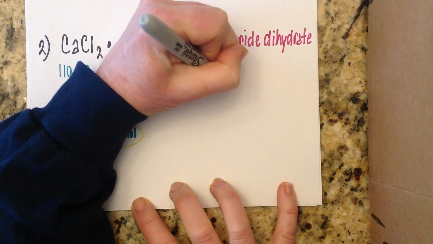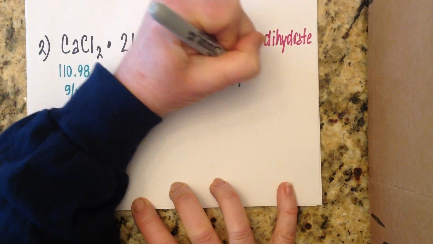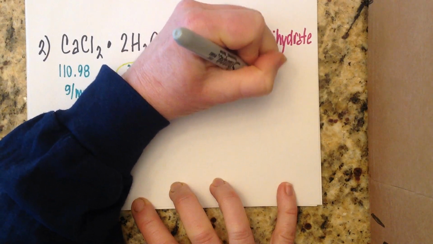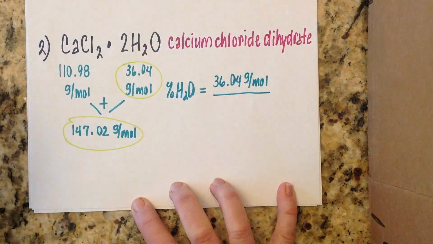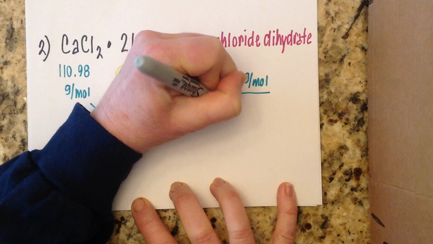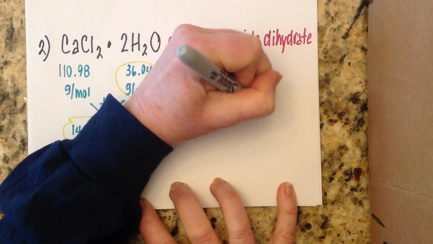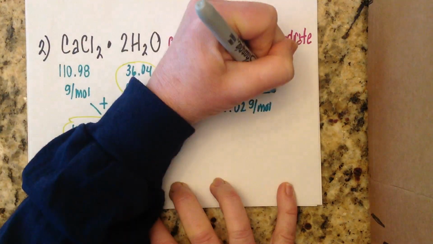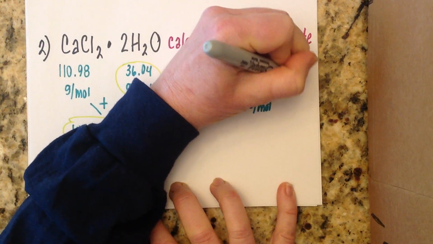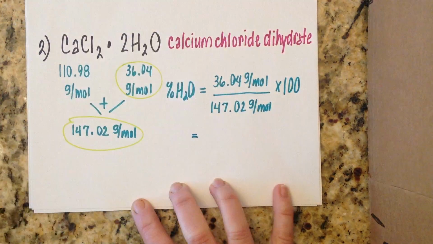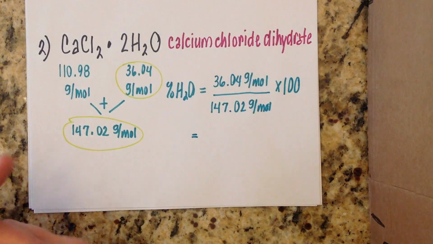So 36.04 grams per mole divided by 147.02 grams per mole times 100. That just gets it into a percent for us. Let's plug that in and see what we get. Make sure you're putting these in the calculator with me.